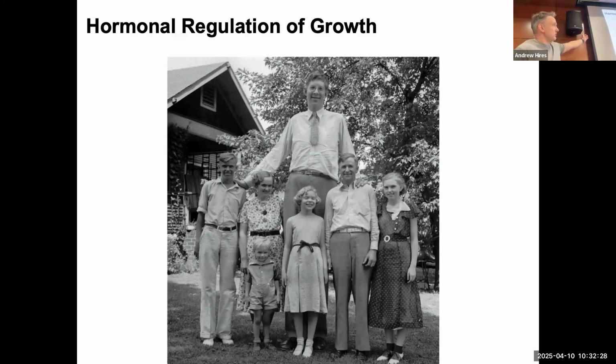Now, if you have too much growth hormone, you can have gigantism. Gigantism is too much growth hormone during development. You might turn into a giant, be really tall. If you have too much growth hormone after you're an adult, you develop what's known as acromegaly.